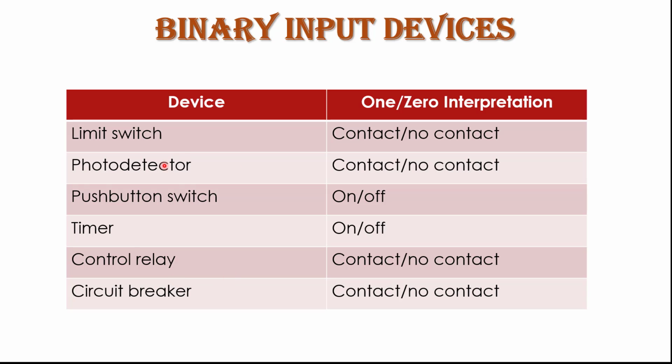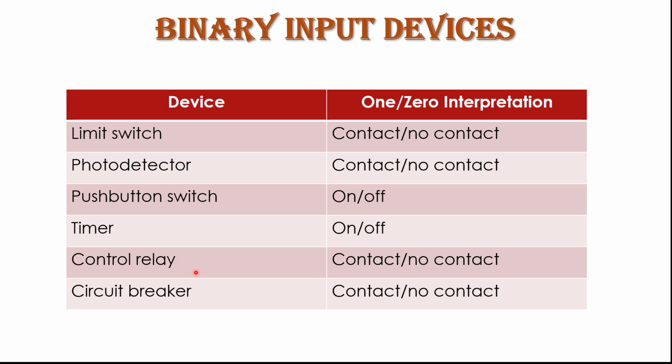Now this is the 0 or 1 interpretation. 1 means the limit switch makes contact, 0 means no contact. 1 means the photodetector makes contact, 0 means no contact. 1 means the push button switch is on, 0 means it is off. 1 means the timer is on, 0 means it is off.